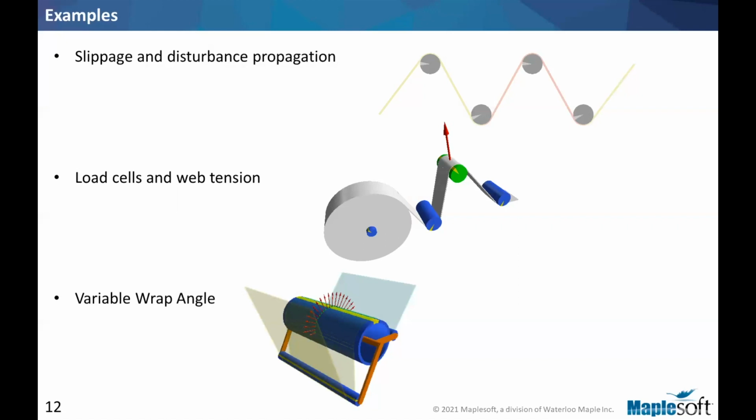An interesting example is selected to show that we can cover variable wrap angle. All rollers provide information about what is the current wrap angle, but that wrap angle can also be dynamic depending on the system. Some extreme example is selected here to highlight that.